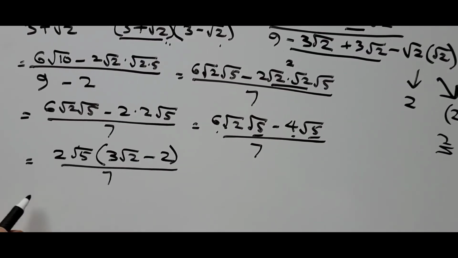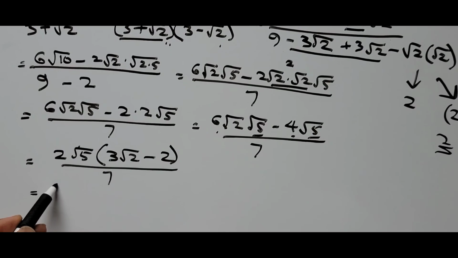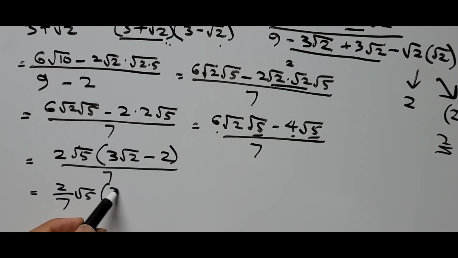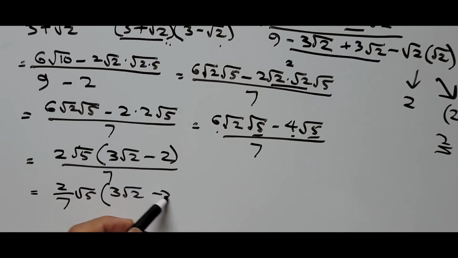So this becomes 2 divided by 7 square root of 5 times the quantity 3 square root of 2 minus 2 as the final answer.